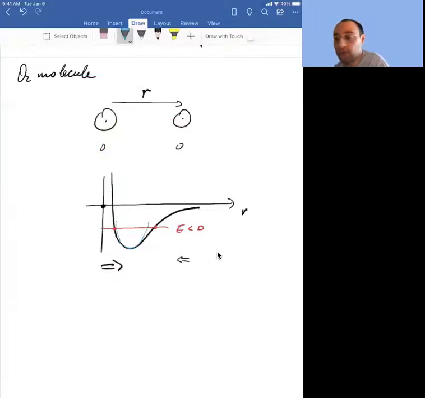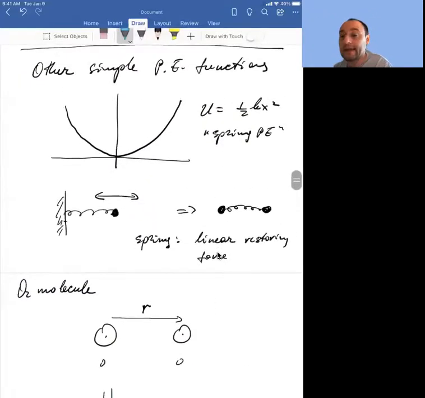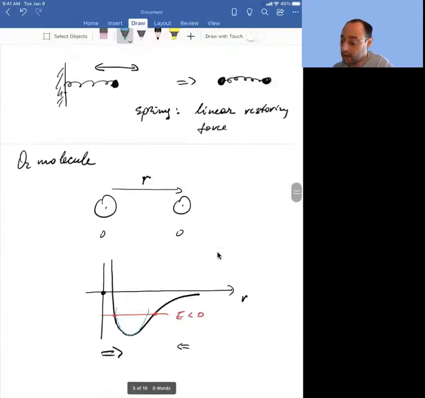It's very hard to find a potential energy that has an equilibrium that cannot be approximated by a parabola near the equilibrium. You can build such a potential energy, but this is a generic situation. So generically, when you displace the molecule away from the equilibrium length by a little bit, it will oscillate exactly as two masses on a spring would.